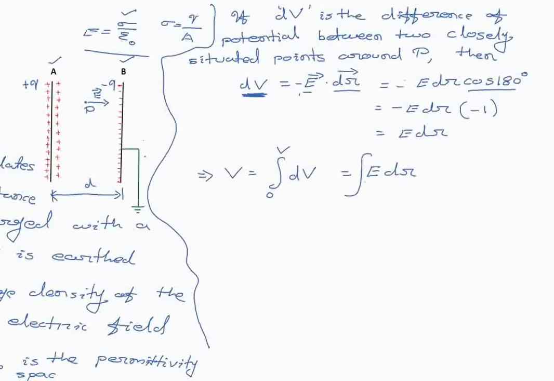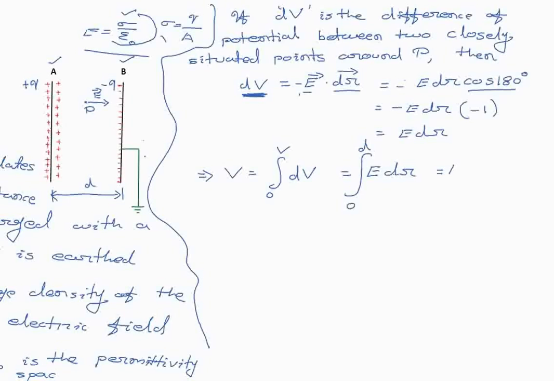Now we have to integrate E dr. The limit will be 0 to d, because the maximum space is d, the separation between the two plates. Again we know that E, in this case, is a constant quantity, it is not a variable, because sigma, the surface charge density, is a constant quantity, and epsilon naught is also a constant quantity.